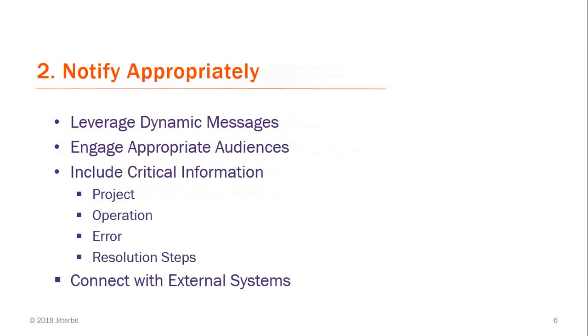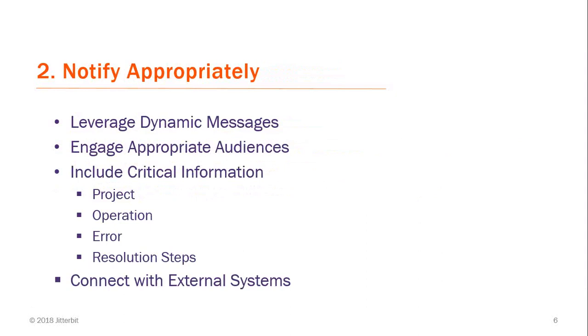The next one, include critical information. I started talking about this with the dynamic messages, but include what project this is in. A lot of us have multiple projects out there, and let's be honest, sometimes our naming conventions aren't the best. This goes back to adopting best practices, and we're going to have more tech talks about best practices, and we'll get into naming at some point, but let's just be honest, sometimes it just doesn't happen, right?